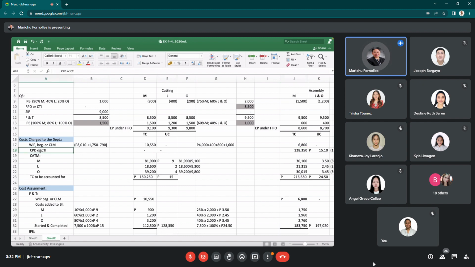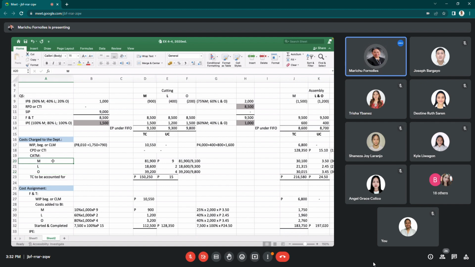So we just wrote the caption on the left side. Okay, you will write it only once. But definitely we don't have CPD for cutting. Followed by valuing the units started this month. So we call it cost added this month. The materials, labor, and overhead added this month by cutting department.